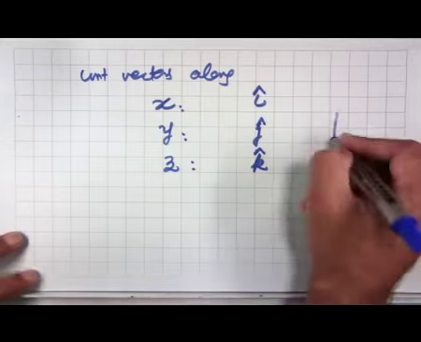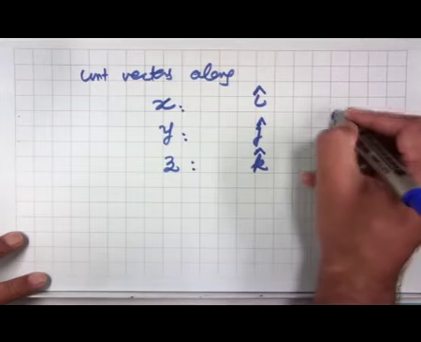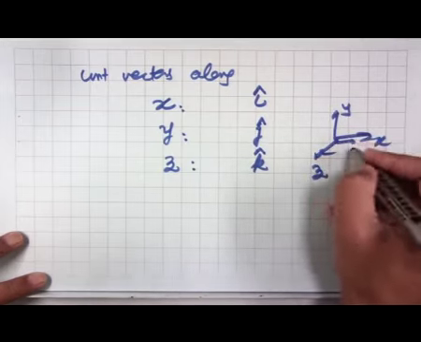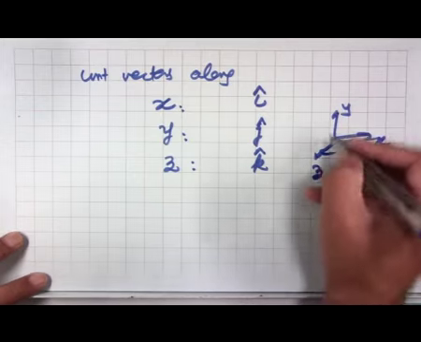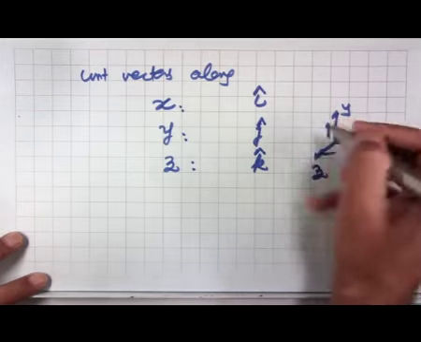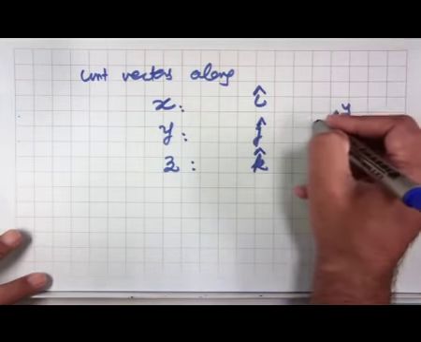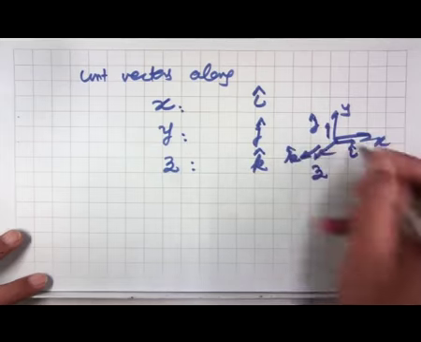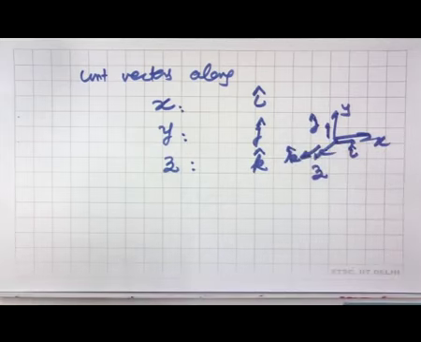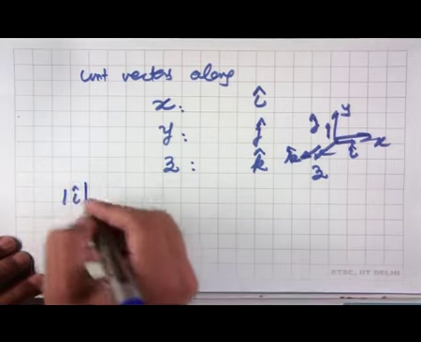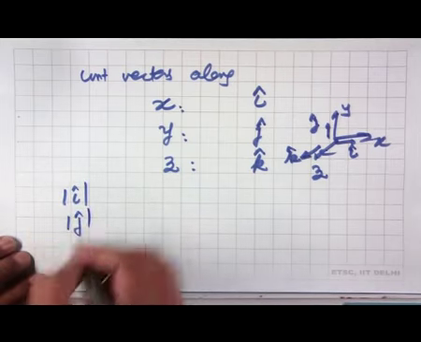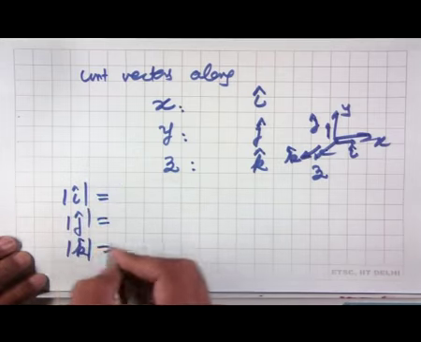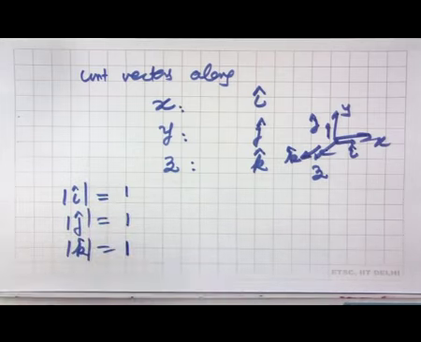So, that means if these are our x, y and z axes, a vector of length 1 along the x axis is i, a vector of length 1 along the y axis will be j, and a vector of length 1 along the z axis will be k. And if I want to find the magnitude of i, magnitude of j and magnitude of k, think about it, obviously all of them have to be 1.